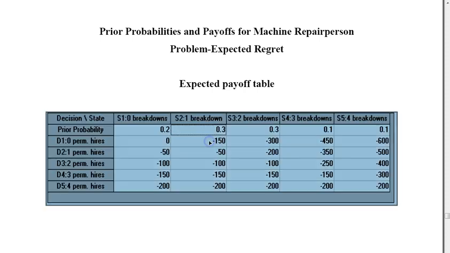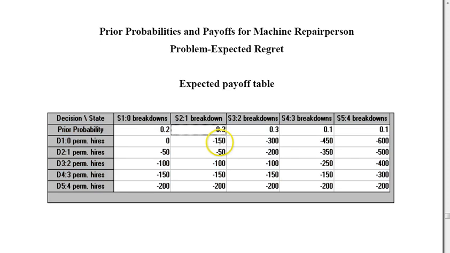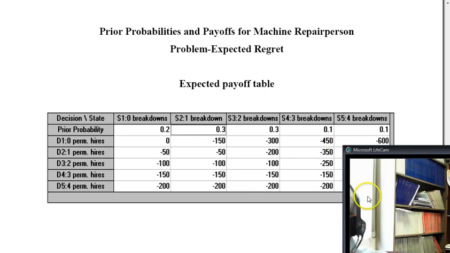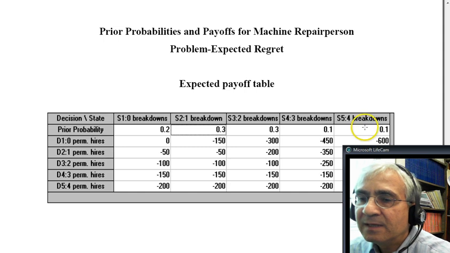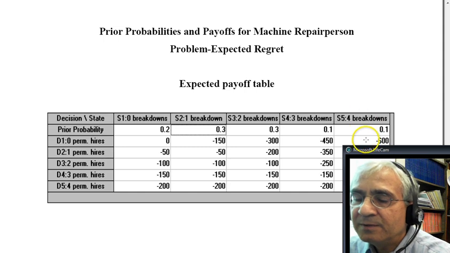But if one machine fails, I need an outside contractor at 150. If two machines fail, I need two outside contractors for $300. If three machines fail, it would be three outside contractors at $450. And the same thing if I had four breakdowns would be $600.